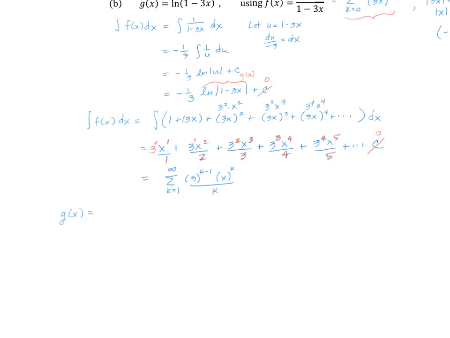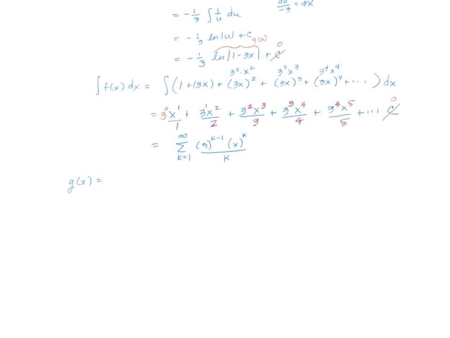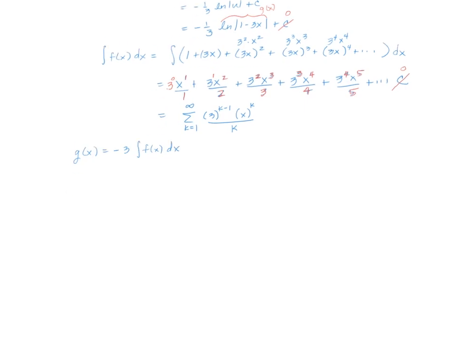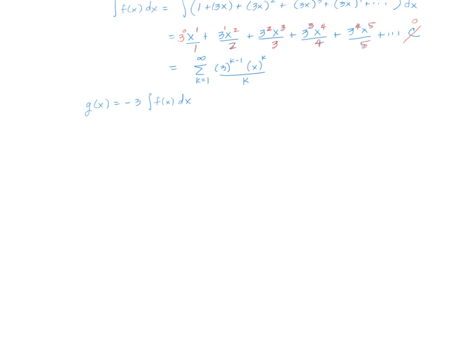So my g of x, and I don't really care about the absolute values, my g of x is actually negative 3 times the integral of my f of x, provided I let my constant c be 0, which means my g of x is equal to negative 3 times my series from k equal to 1 to infinity of 3 to the k minus 1 x to the k over k. And I'm done with my g of x.